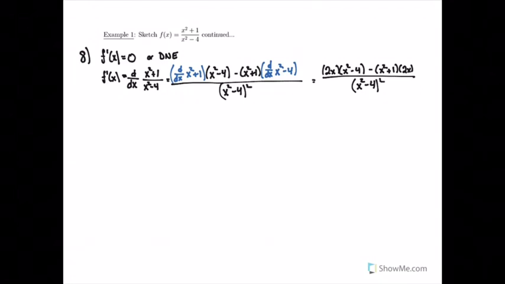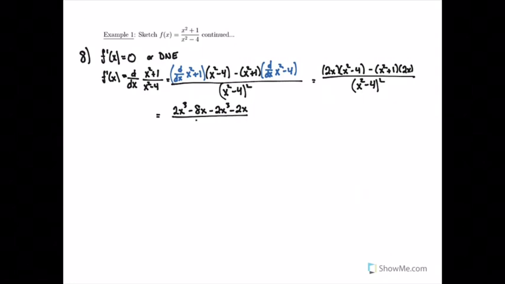Let's do some algebra to make this a little bit neater. This is going to give us 2x cubed minus 8x minus 2x cubed minus 2x, distributing that negative.